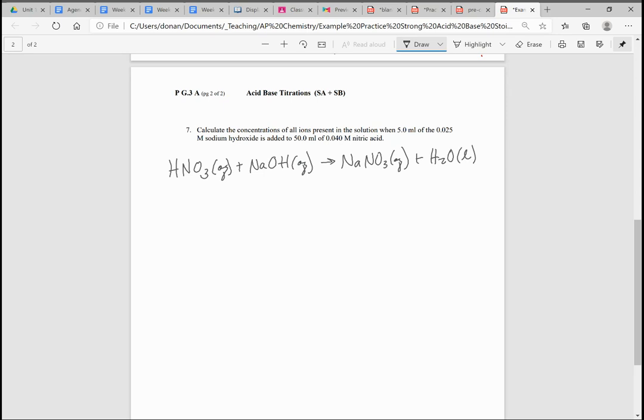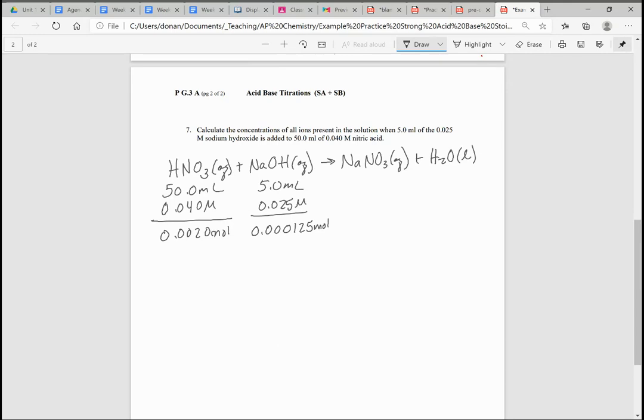And the nitric acid is 50 milliliters of 0.040 molarity. We already know from the last problem that's 0.0020 moles. Now in this case, we're going to add 5 milliliters of 0.025 molarity. And when we do that, we find that that's 0.000125 moles.